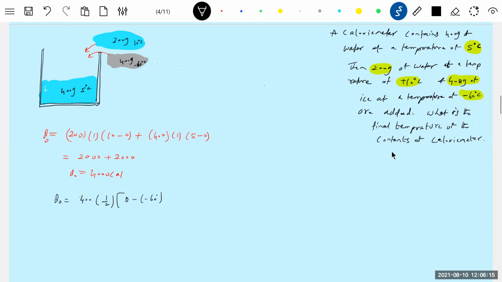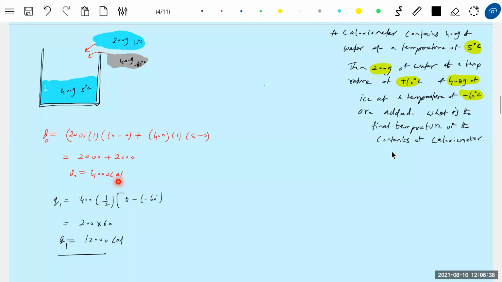I'm just cross verifying things. So this will be 400 into 60. 24,000 calories is what is needed to bring the ice from minus 60 to 0.